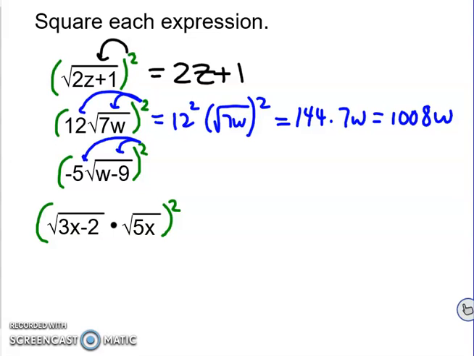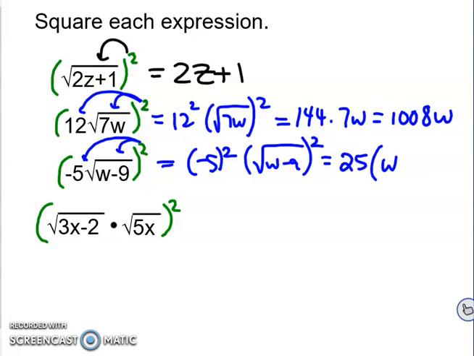In the next problem, again, we're doing the same thing. We're squaring both things. We're squaring -5, and we're squaring the square root of w minus 9. So -5 squared is 25, and the squaring of the square root is w minus 9.